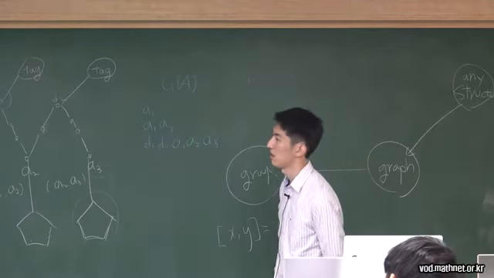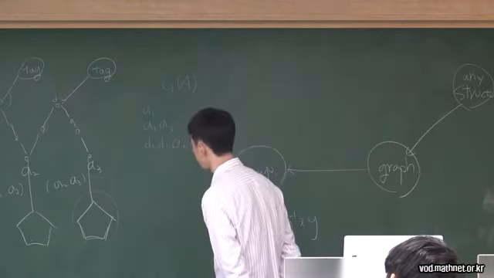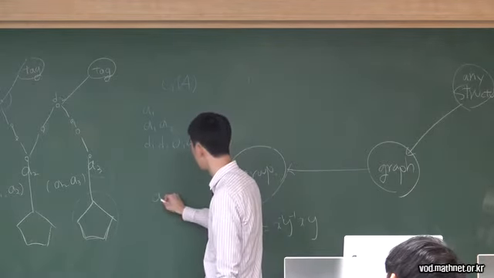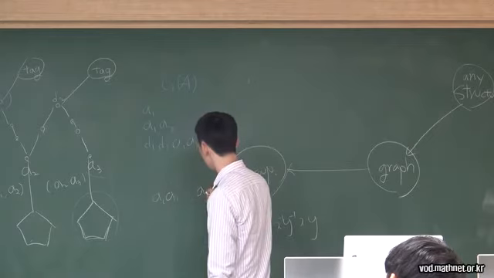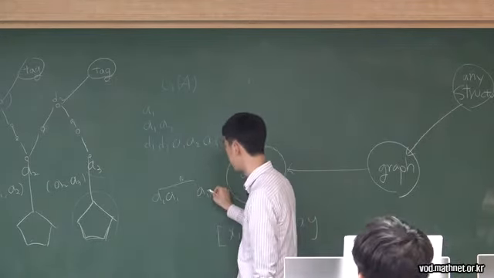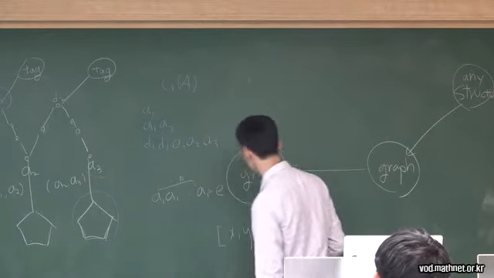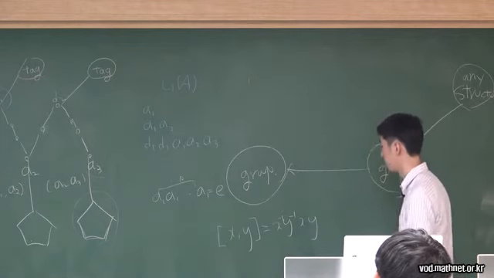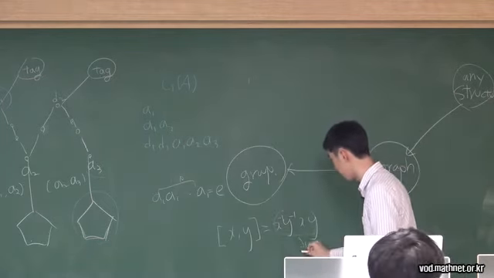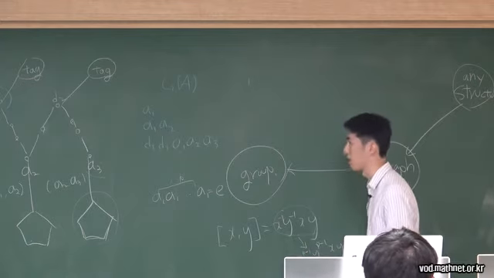And look at the C. For every element X, X to the P is equal to 1. That means if you make a word with the length P, then this is equal to identity. So this one can be interpreted as X^(P-1), Y^(P-1), XY.